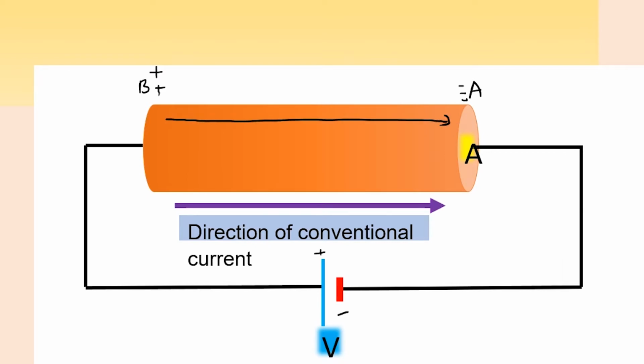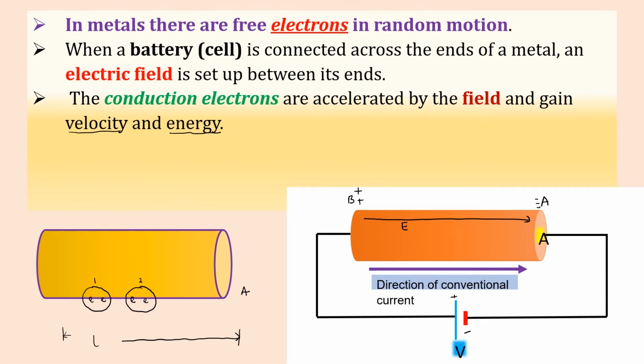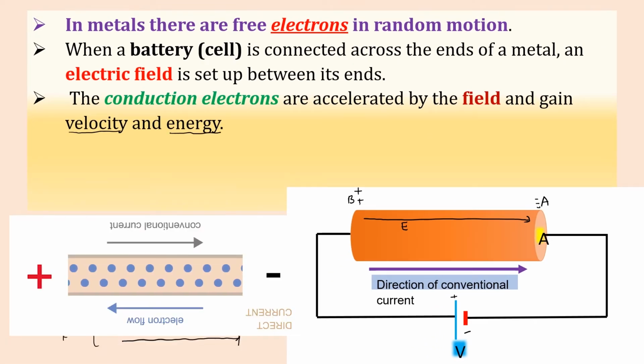Let us call it E. That electric field accelerates these conduction electrons, and they gain velocity and kinetic energy. So these electrons, as they are being accelerated by the electric field in the opposite direction, gain velocity and also gain kinetic energy.